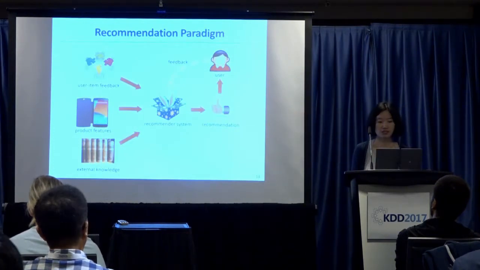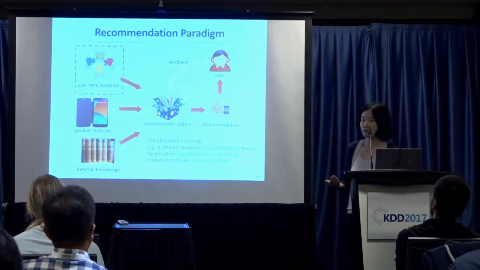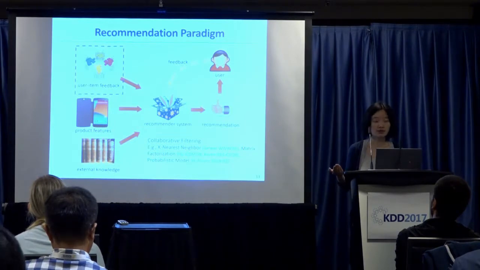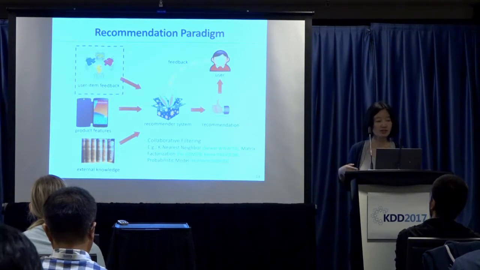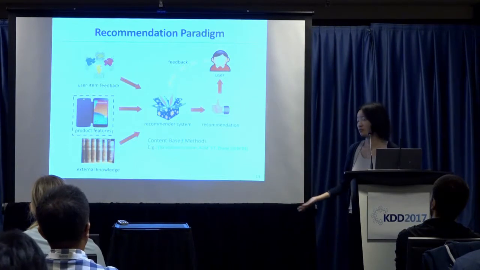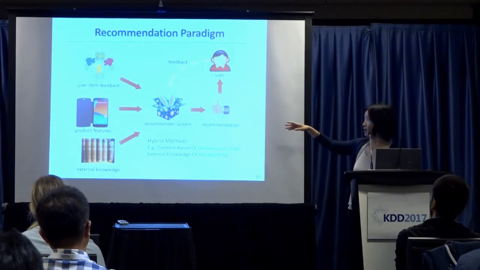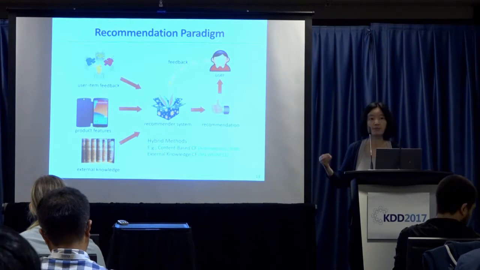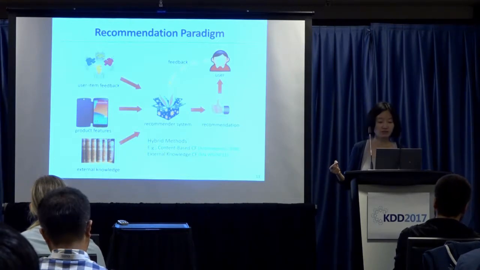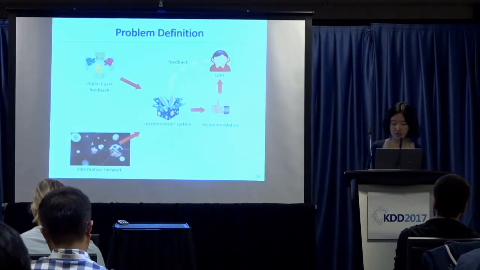We have discussed that the existing recommendation algorithms can be categorized into different groups. If we just use user-item interaction data, then it is called collaborative filtering. If you are just using the content information, then it's content-based recommendation. And if you combine all that information in addition to some external knowledge, which can be modeled as a heterogeneous information network, then you get a hybrid recommendation algorithm.